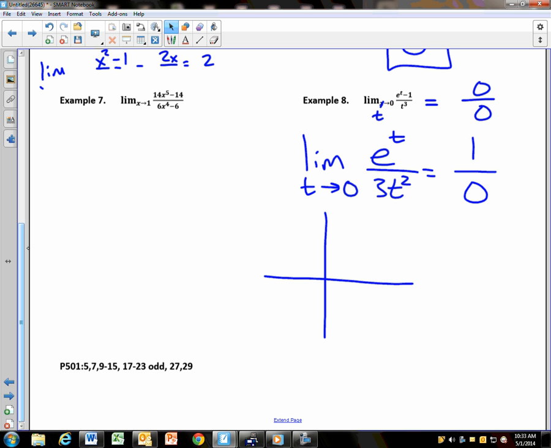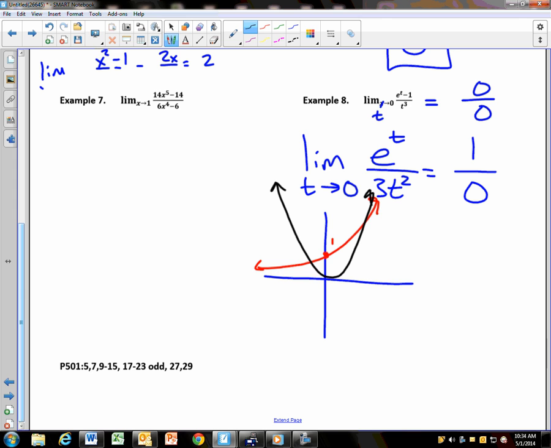So what to do? Well, this is going to make sense, okay? It's very basic here. e to the t, we know that the graph looks like that. It crosses right through 1 at 0, right? We just did a review on that stuff. 3t squared is a parabola. Looks something like that, right? Okay, so I'm approaching 0. As I approach 0, from the top, e to the t, you can see the value approaches 1. And on the bottom, you can see that the bottom function goes to 0, right?